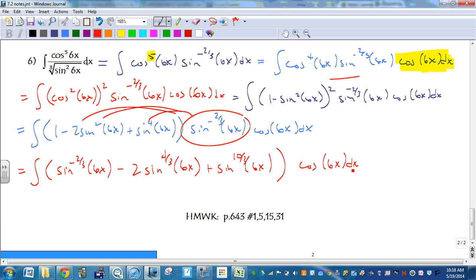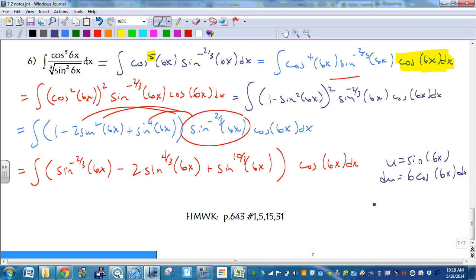So now finally we've got all of this multiplied out. We can use u substitution. Our u is going to be sine of 6x. So du, derivative of sine, is cosine, but we also have to multiply by the derivative of 6x, which is 6.